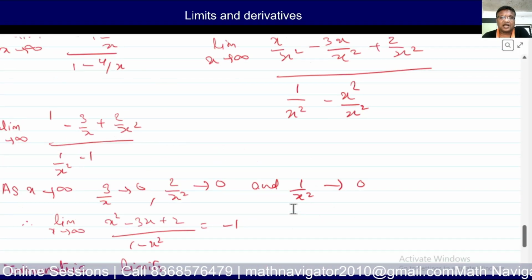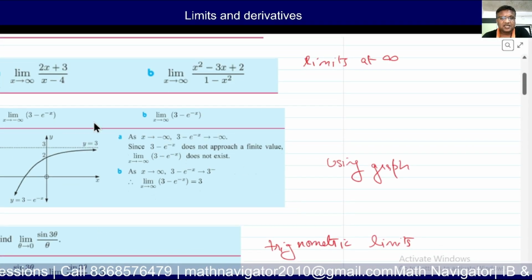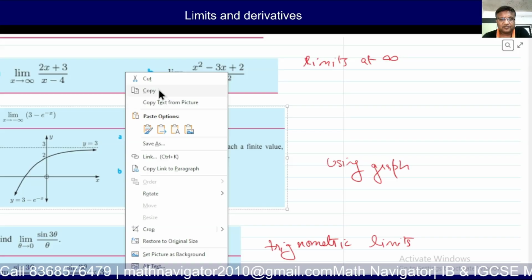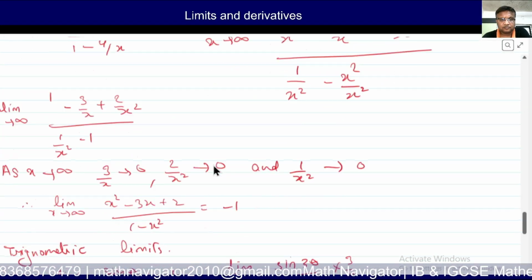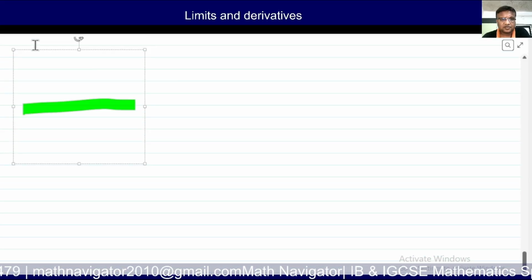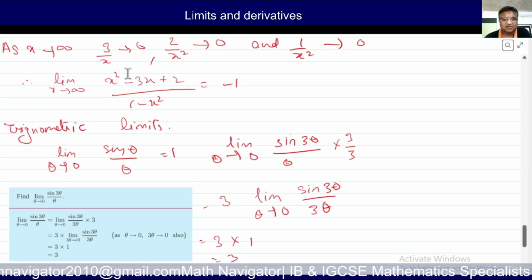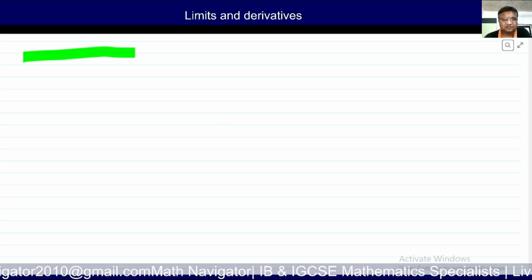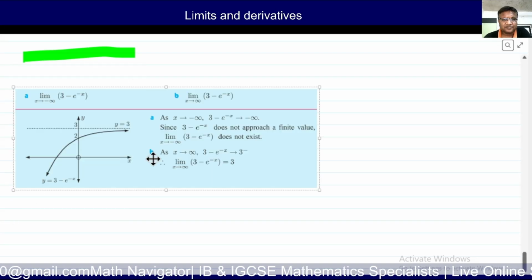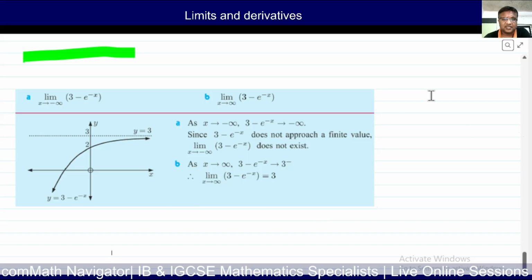Then you can use a graph also to find the limit. As you can see in this question, right? So this is my question. Let's solve it and you'll understand.